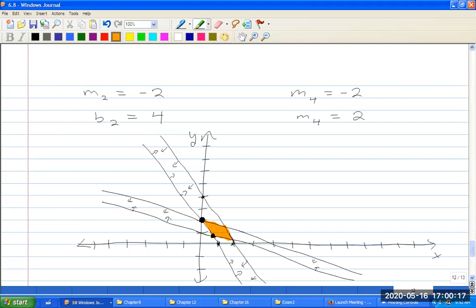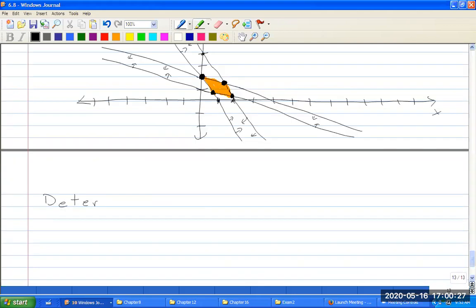Okay, and so let's figure out what each of those vertices are. So let's determine the vertices. Once I've determined the vertices, then I can figure out what the value of the objective function is at each of these vertices.